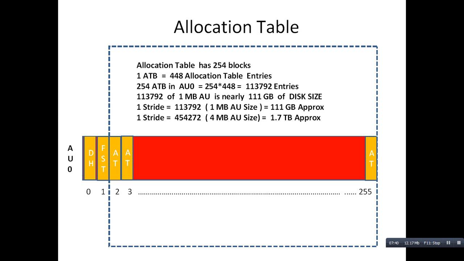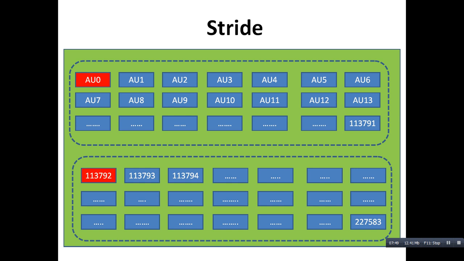But if we have a huge disk which has more allocation units than can be accommodated in one stride, then the first allocation unit in the next stride has its own allocation table and free space table.